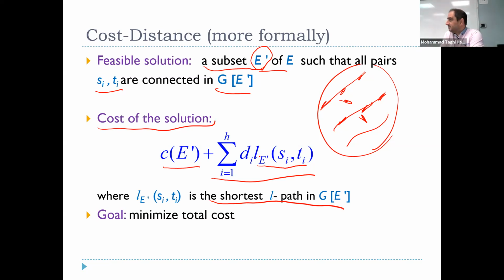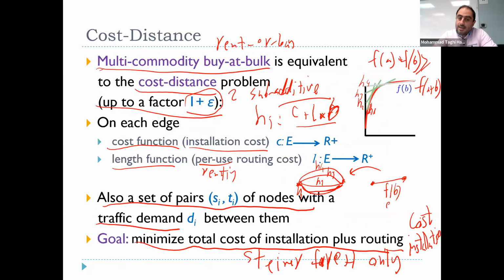What do you mean by L-path? This is the shortest L-path. L-path means according to L, according to distance. You see, in the previous one, L was a length function or a distance function.